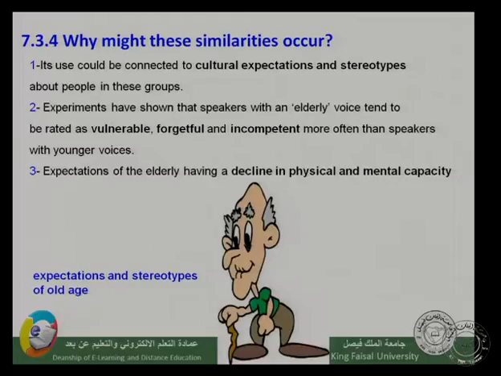So we expect an old man to have started the decline of his physical and mental ability, and we use a language that suits his ability and her ability.